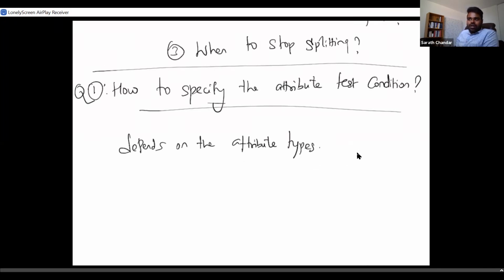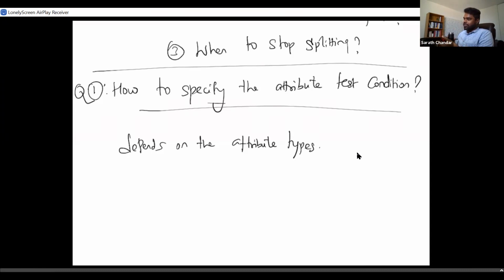Now, what are the different attribute types that we could have? Can people type over chat what kind of attributes or features one could have in a data set or in a problem? Someone says categorical attribute, which means there are a bunch of categories, right?